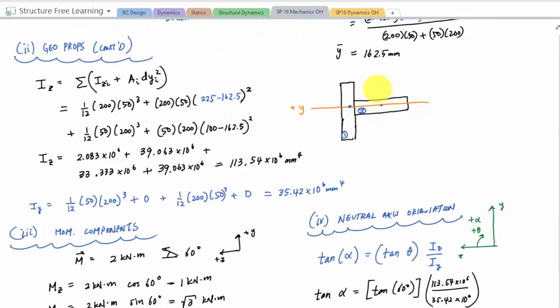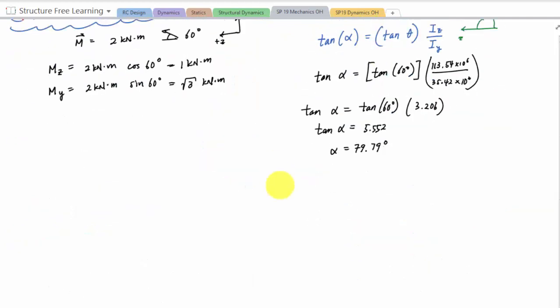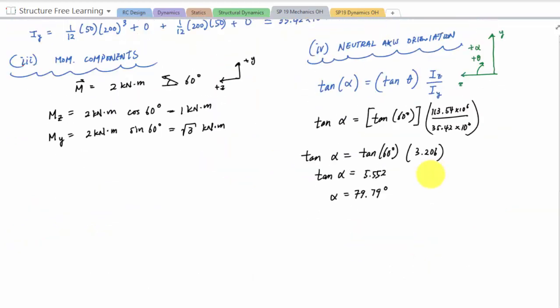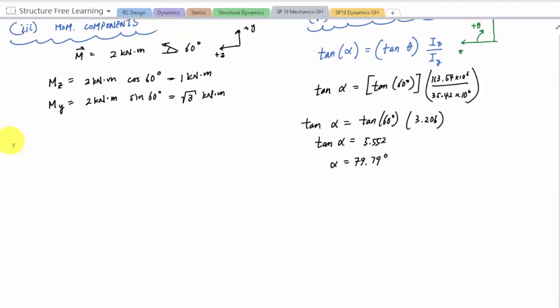If I calculate the stress at A, Y_A, Z_A is equal to 87.5 millimeters and negative 100 millimeters.